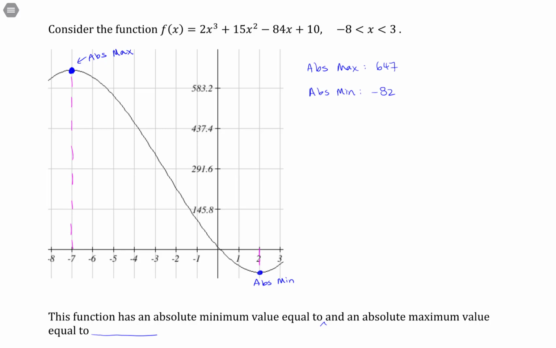Now, if you're wondering how could I have gone about this and determined these two values here, -7 and 2, without the knowledge of the graph. Well, you could have done that by taking the function itself and finding its derivative. So that would be 6x squared plus 30x minus 84.